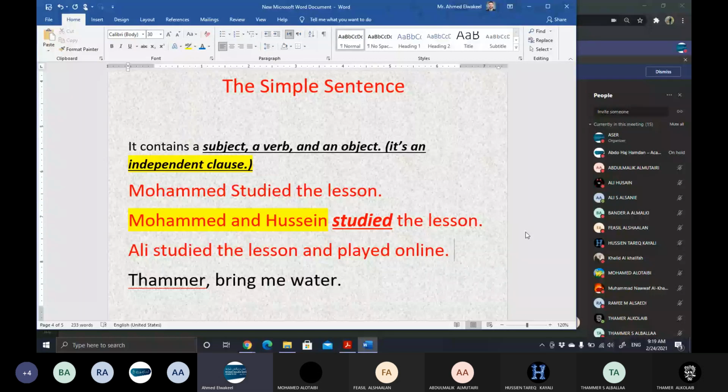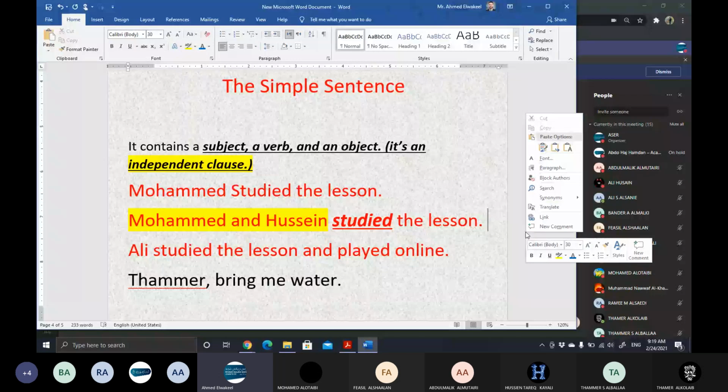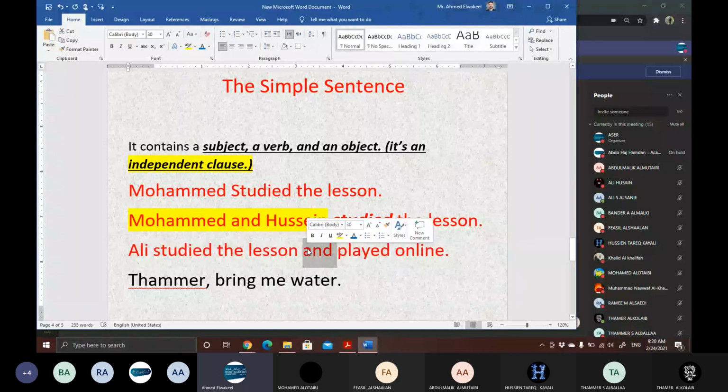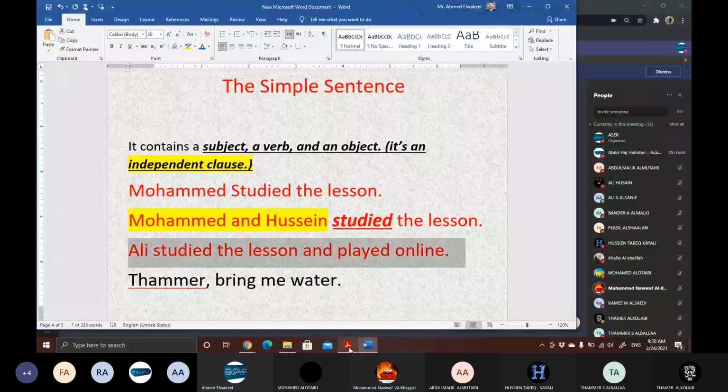So this sentence, is it compound or simple or complex? Kayat? Yes, teacher. Good morning, how are you doing? Fine. Okay, in this sentence, who is the subject? Ali studied the lesson and played online.